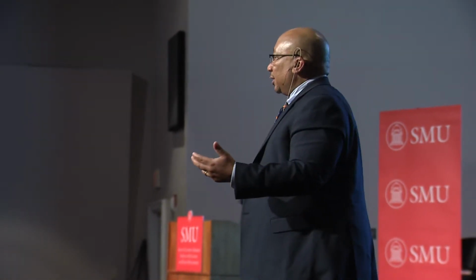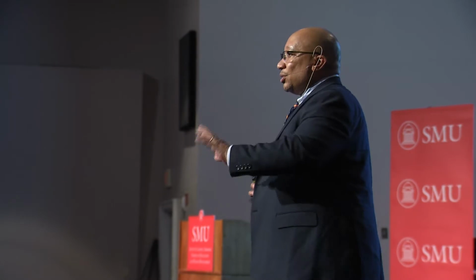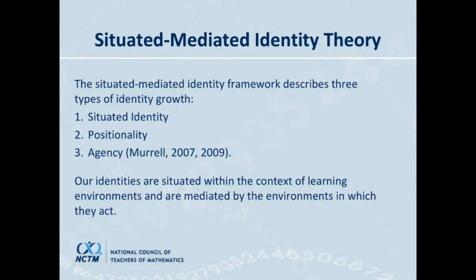Positionality. So the third construct is positionality, that is, how we position students. Positionality is often connected to how I situate or position students based on how they engage with me or engage in that context.